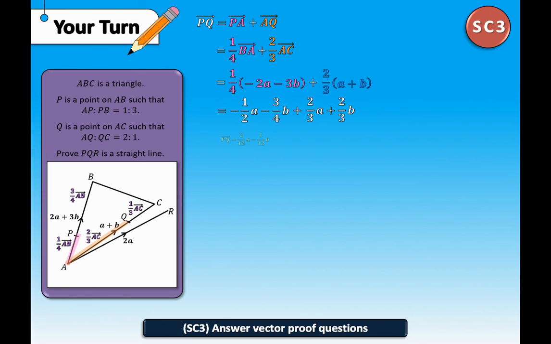So we can expand both brackets and then simplify. So PQ is 2/12 of a minus 1/12 of b.